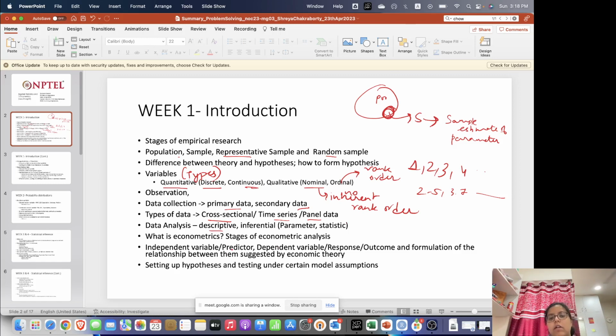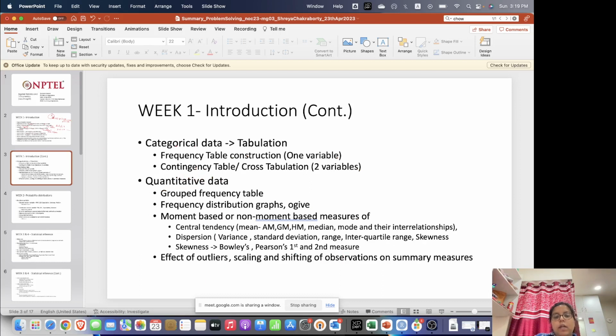We talked about predictors and responses in this context, and how we should set up hypothesis testing under certain model assumptions. Then we spoke about categorical data and how to get the tabulation, frequency table construction, how we can construct any contingency table, how we can construct group frequency tables.